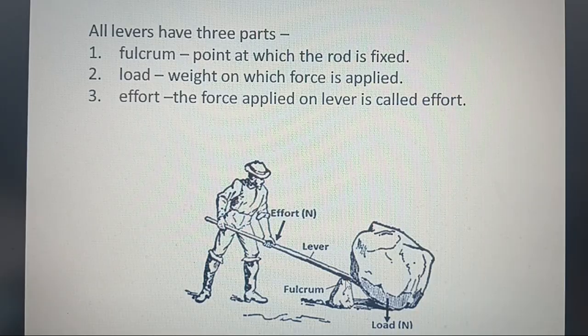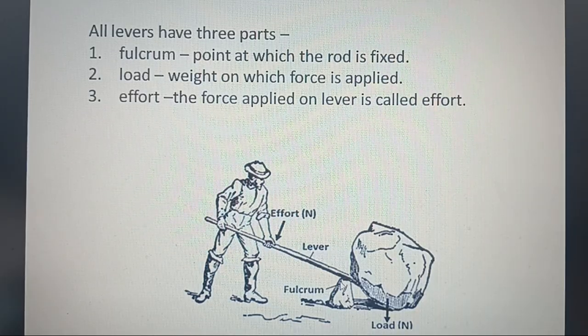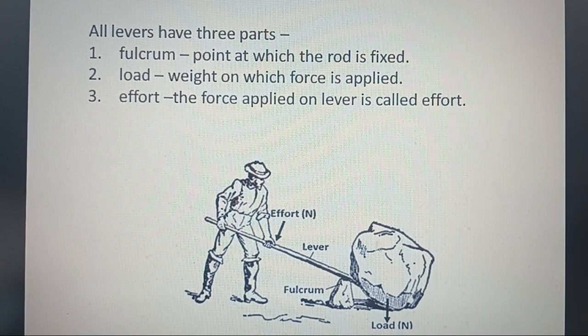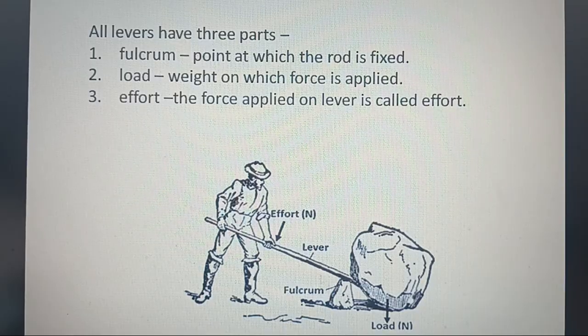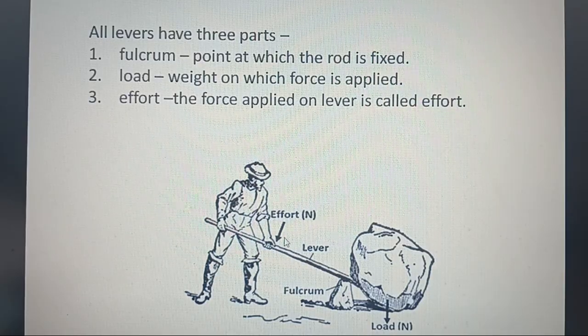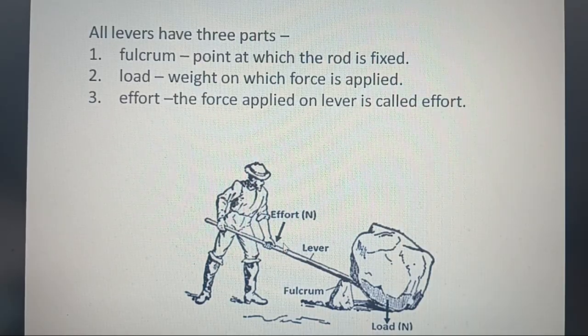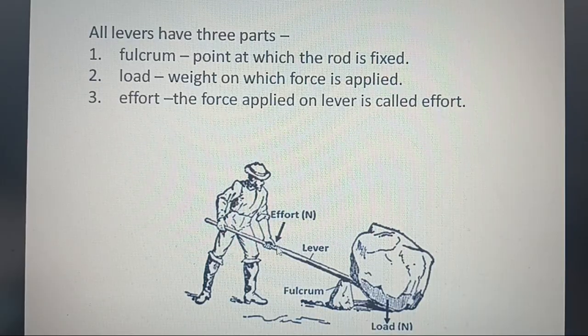At the fixed point, this is the fulcrum. And load, the weight on which force is applied. This is the load, the weight on which force is applied. And effort is when a person applies force on the lever. This is the effort. He is trying to move the heavy weight by using force.